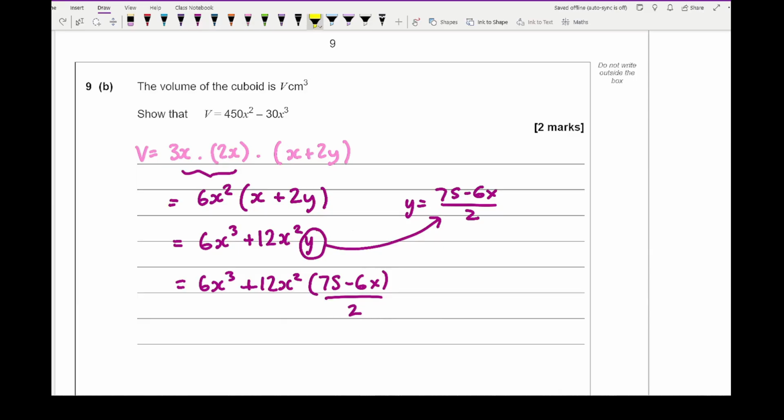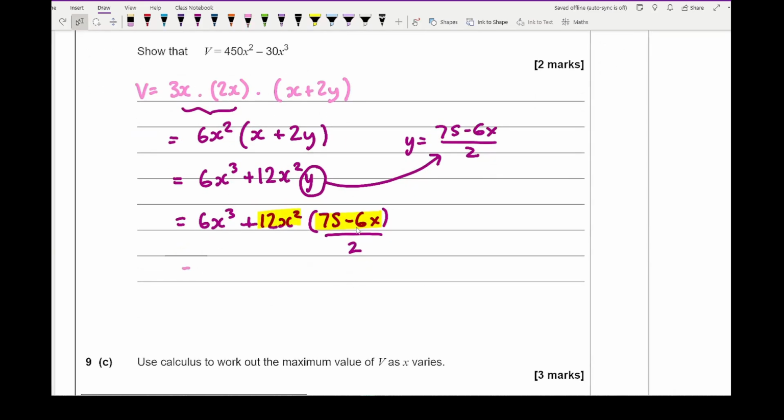Multiplying this out, we get 6x cubed plus, now 12 times 75, let's quickly type that into my calculator, gives me 900. So that's 900x squared minus 6 times 12, which is 72, and that's x cubed, and that's all divided by 2.